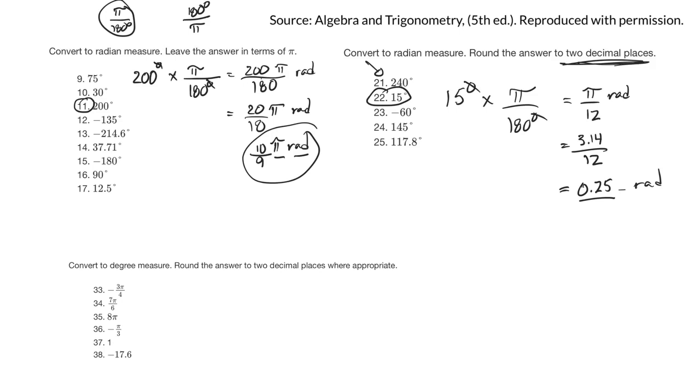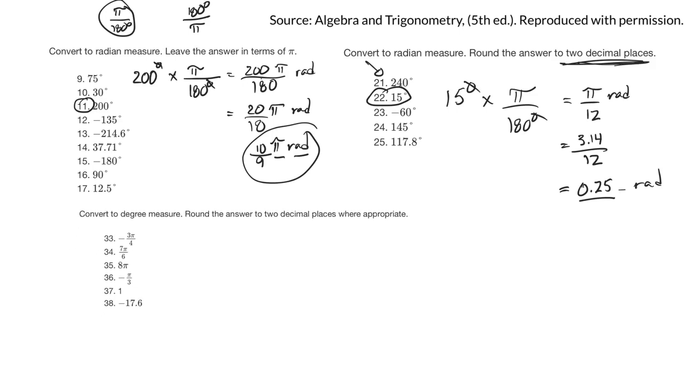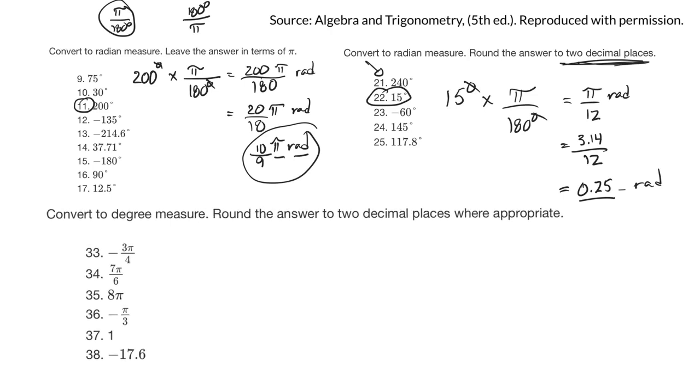Okay, at the bottom here, I've got a question where we can convert things into degrees. So say I've got this question here, and I want to convert that to degrees. I have -3/4 pi, and I want to convert it to degrees, so I want to get rid of the pi. This time I'm going to use that ratio, 180 over pi.